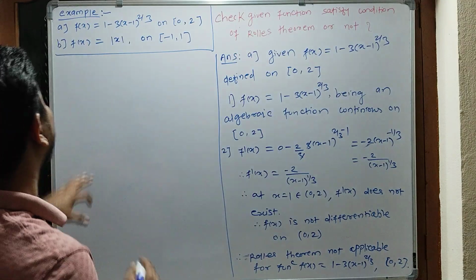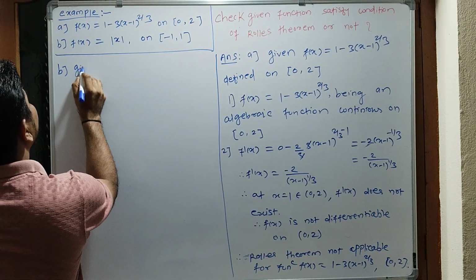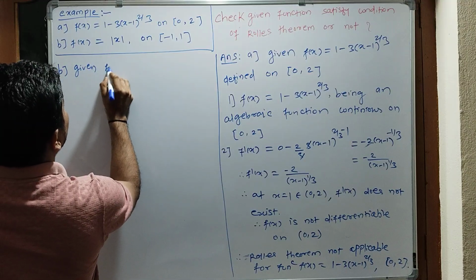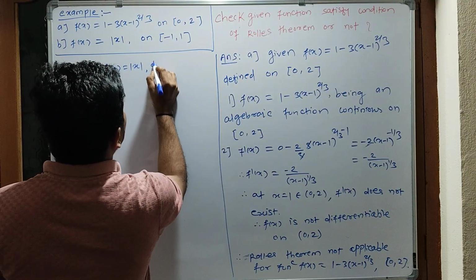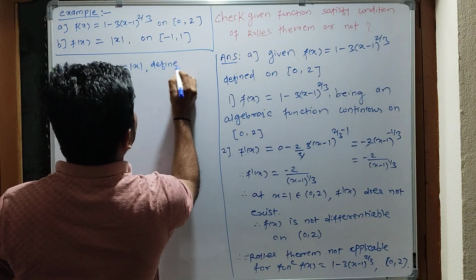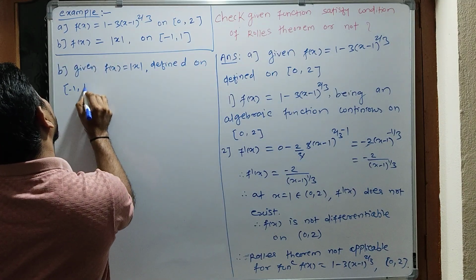Now I will solve for B. Given f(x) = |x|, which is defined on the closed interval -1 to 1.